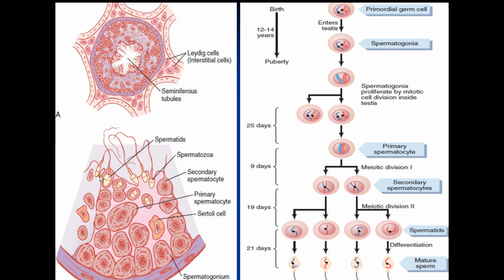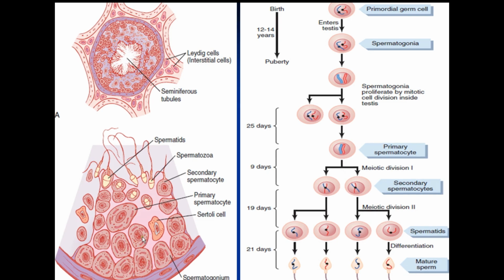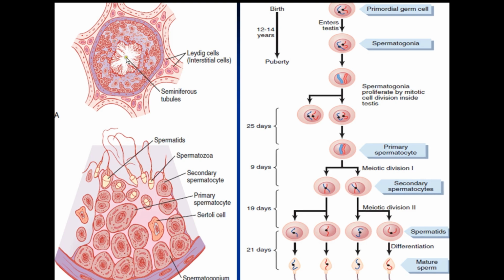The Sertoli cells have very large cytoplasmic extensions, and these extensions overlap the extensions of adjacent Sertoli cells, forming the blood-testis barrier. The sperms are formed and squeezed through the blood-testis barrier, and after passing through the different developing stages, they go into the lumen of the seminiferous tubule, and from there they pass into the epididymis.